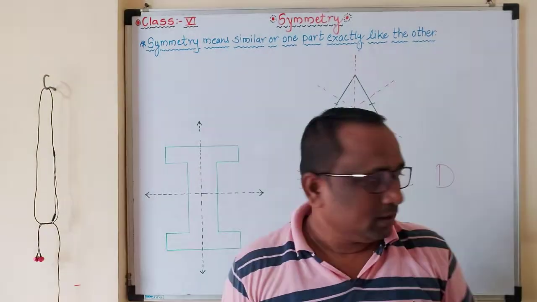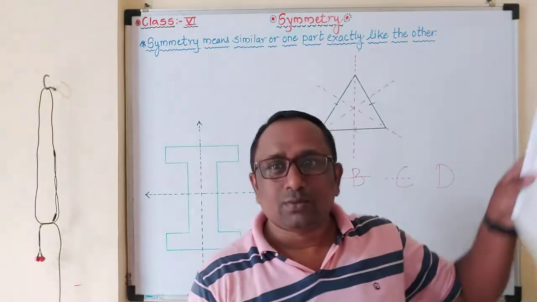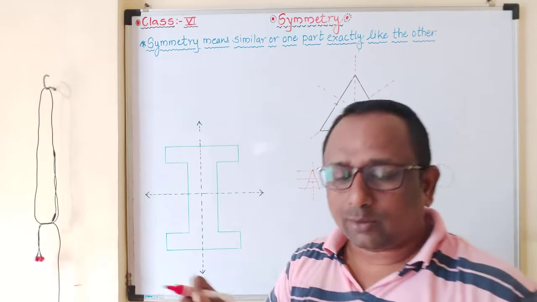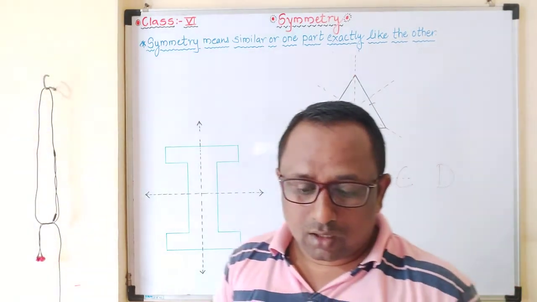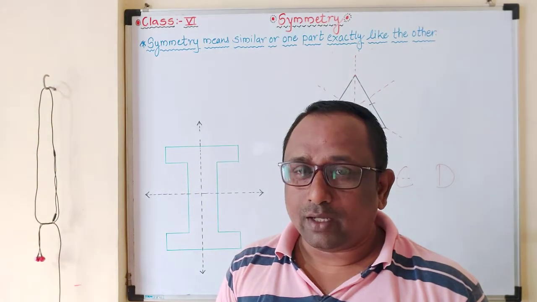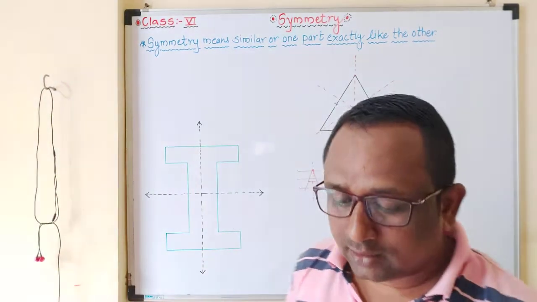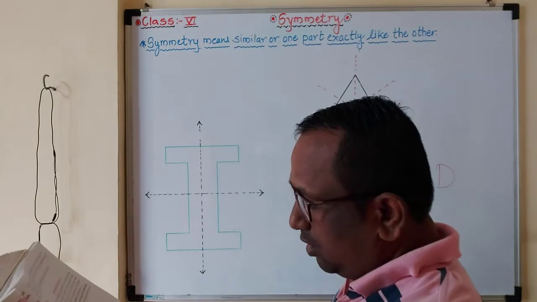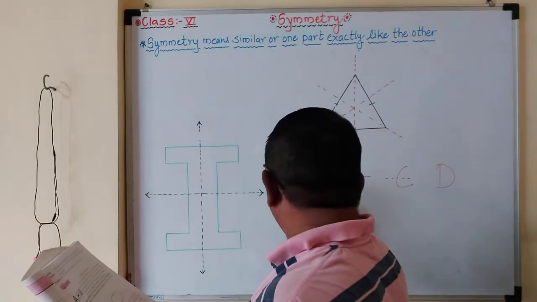And at last, after drawing the axes of symmetry, because some letters have more than one axis of symmetry, you have to write again.